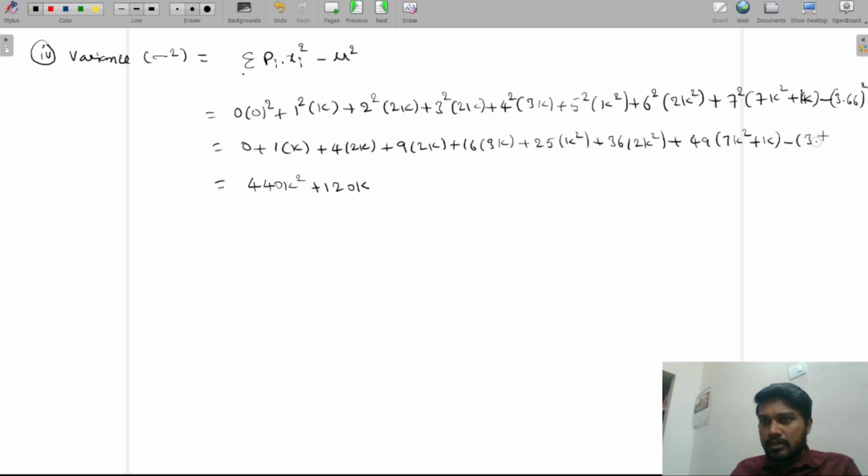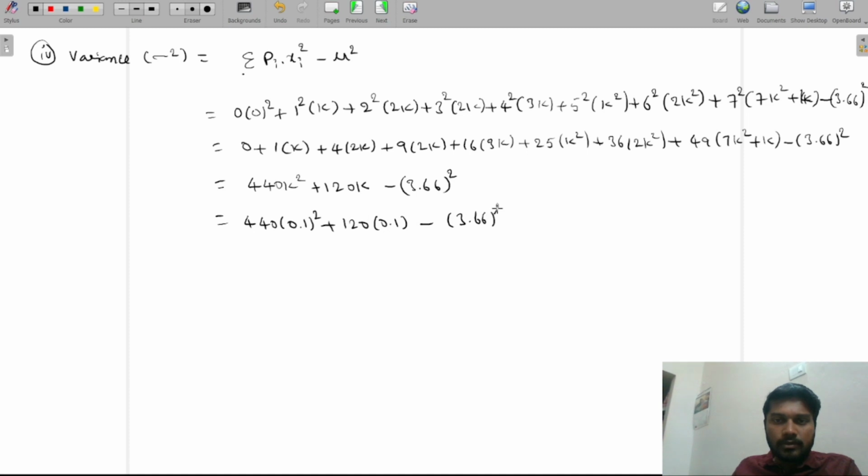So in the next step, 440 into k square, where the k value I got is 0.1, square, plus 120 into again 0.1, minus 3.66 whole square. So I will substitute all these values in the calculator, then I'm getting the solution 3.40. Okay, see, this is the variance of the discrete random variable in this question.